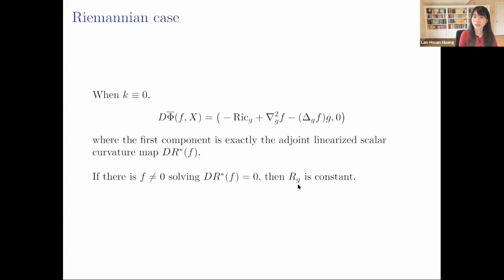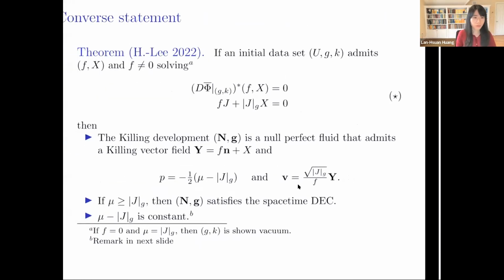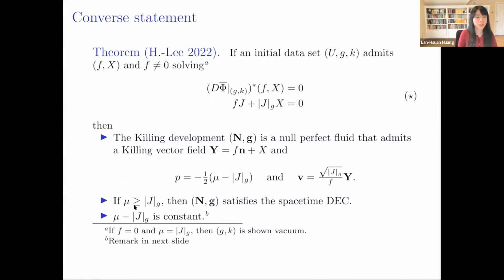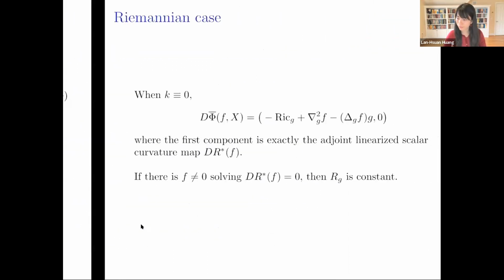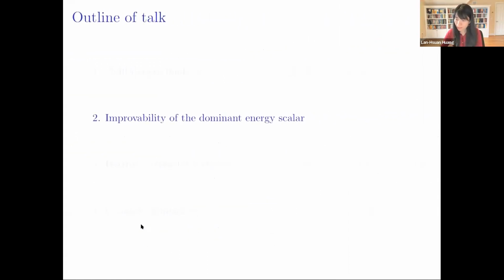So for a long time people wondered what would be the analogous property for the initial data set. What we find out as a byproduct of this work is that this quantity is really the correct generalization of the scalar curvature in the Riemannian case to the initial data set, and we show this is constant.